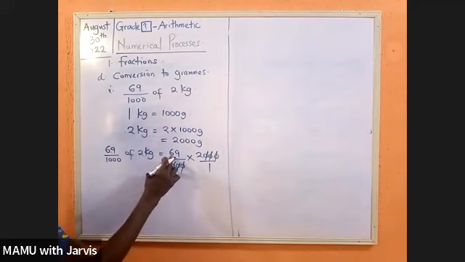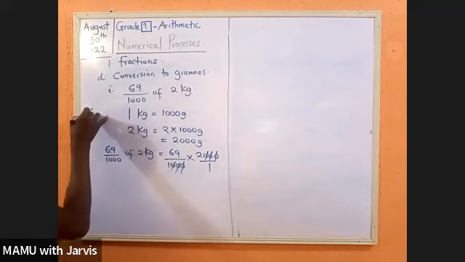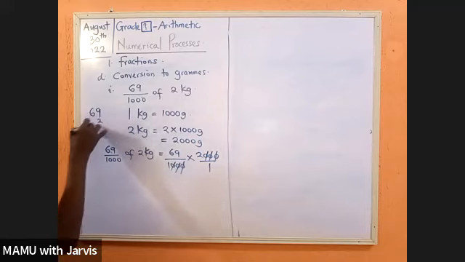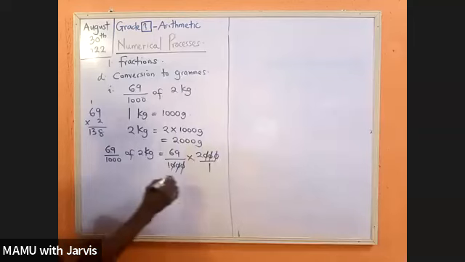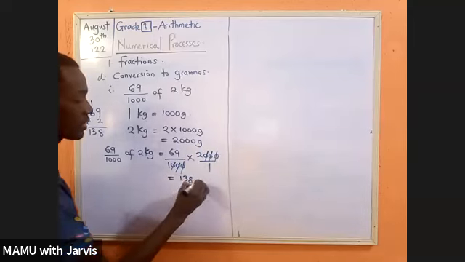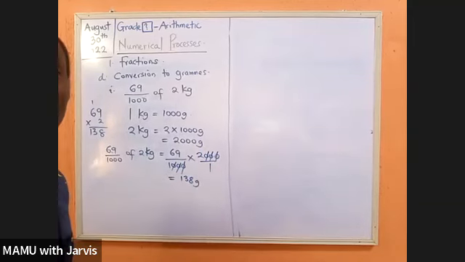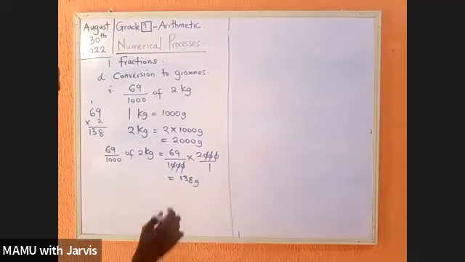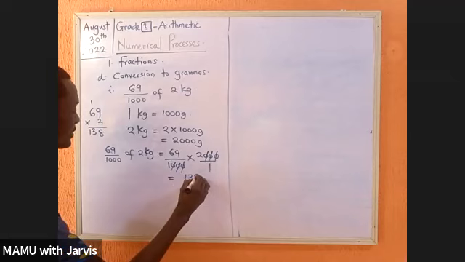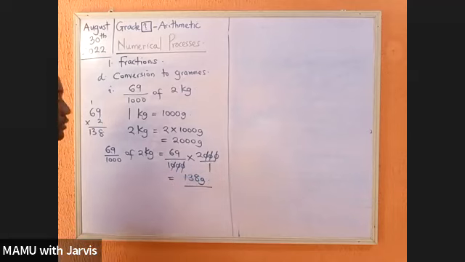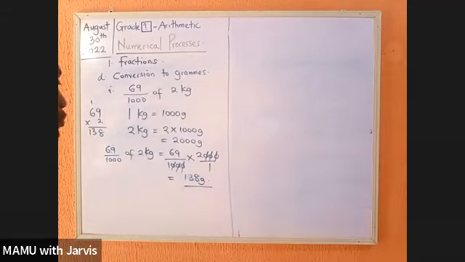I'm going to have 69 times 2. Now just come to a part of my board and say 69 times 2. And that will give me 8, a carry of 1, 6 times 2 will give me 12, plus 1, that's 138. So that will be 138 grams. So that's what that answer is going to be.